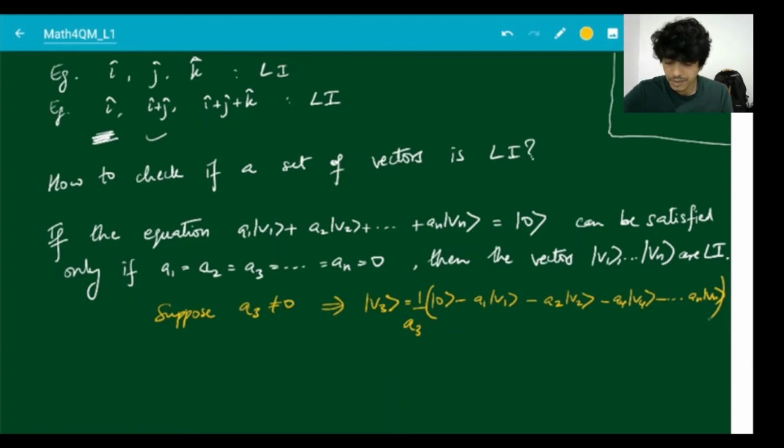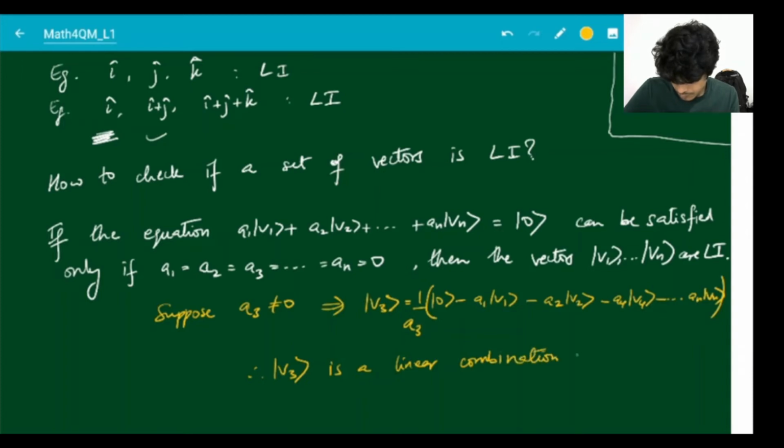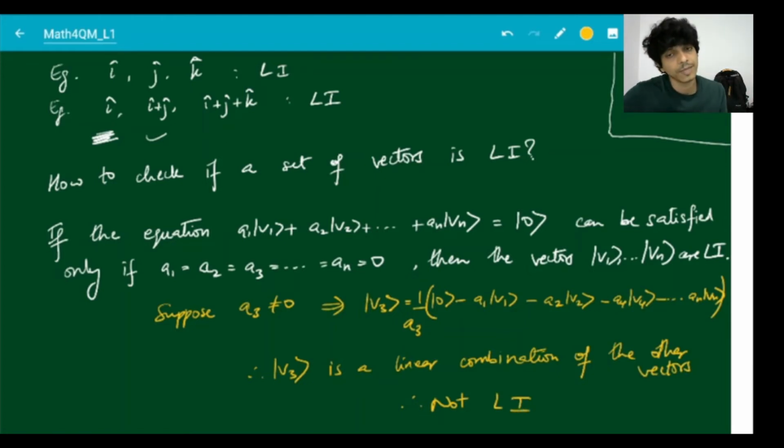Because a3 is non-zero, I can do this. So what I have proved is that you can write v3 in terms of all of the other vectors. Therefore, not LI. So the only way for a set to be linearly independent is if you cannot do this, which means all of those coefficients have to be 0.